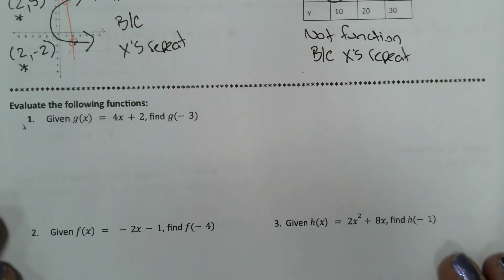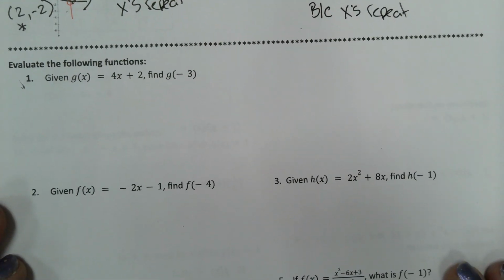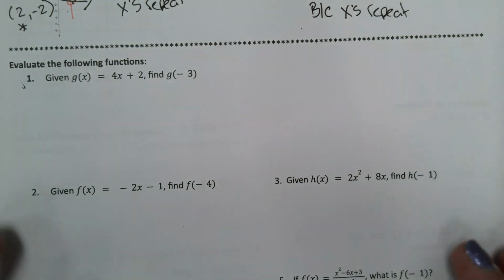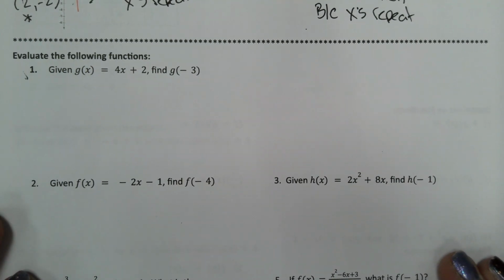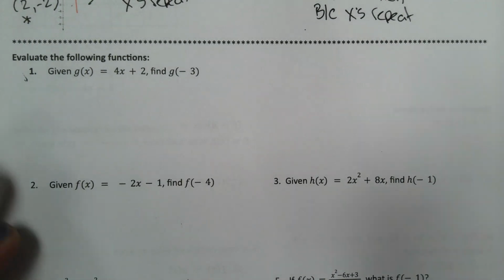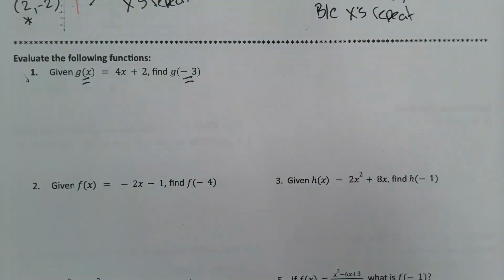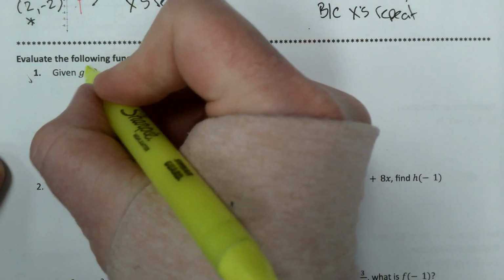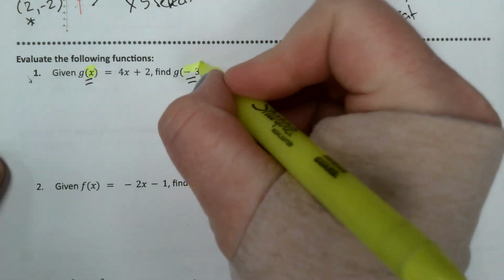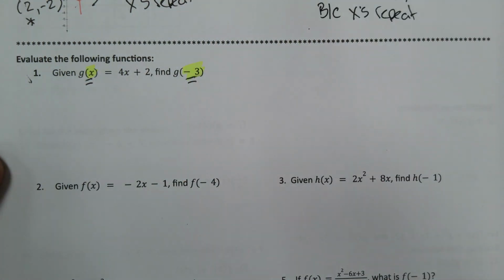So we're going to do everything all about functions today. Next we are going to evaluate a function. All right, so this says g of x equals that, and we want to find g of -3. So what you'll notice is right here where the x was, I put a -3.